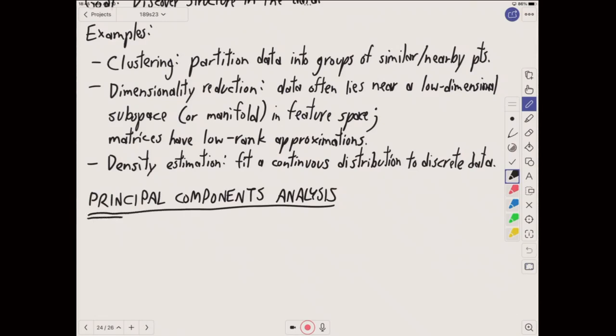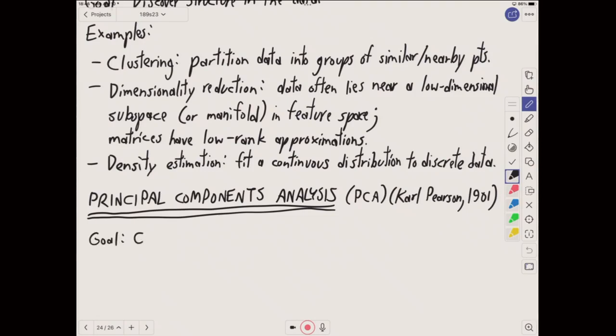Principal components analysis is a lot of syllables, so it's almost always called PCA for short. It's an old algorithm. It was invented by Carl Pearson in 1901, at literally the turn of the last century. So the idea is someone gives you a bunch of sample points in d-dimensional space.